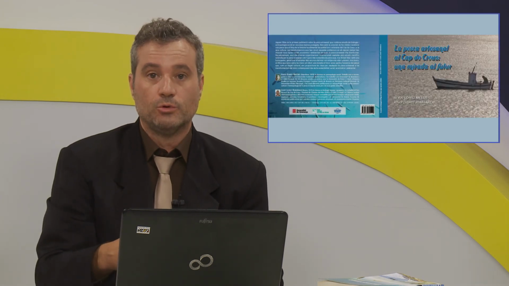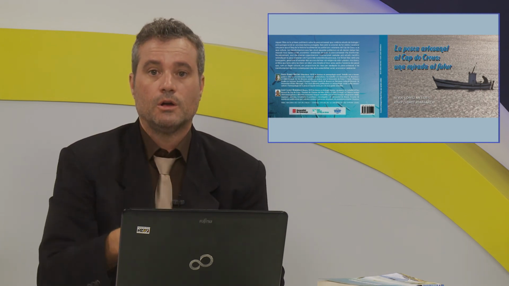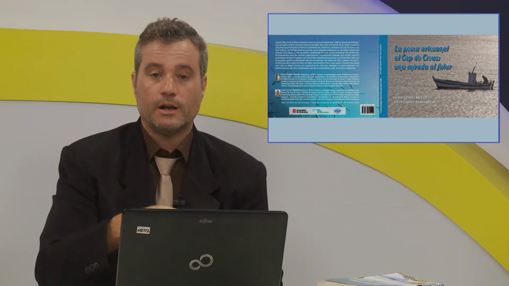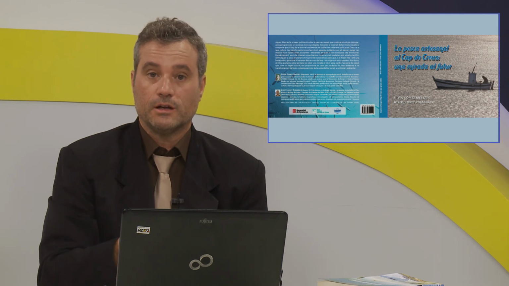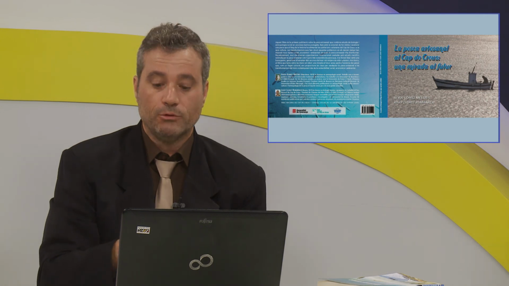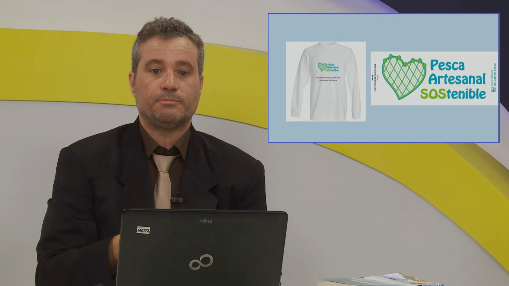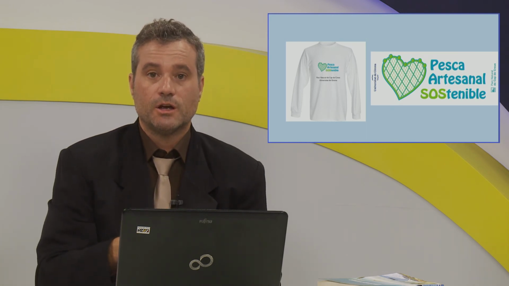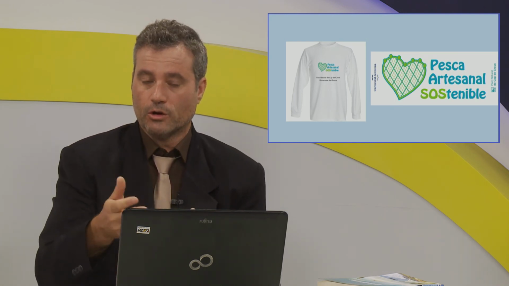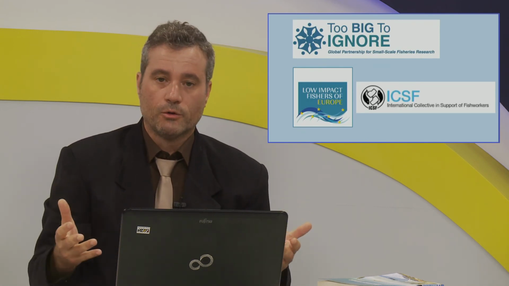And this can be done through particular publications directed to small-scale fishermen, like we did here in the marine protected area of Cap de Creus. You can do it by promoting special t-shirts with logos that you can distribute to the fishermen, or in different other ways.